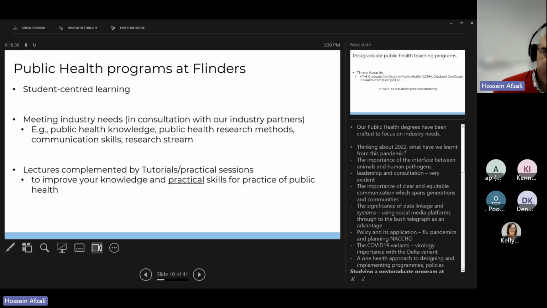Or for economic evaluation, we have a practical session. For the qualitative research methods topic, we have some tutorials and focus group discussions. So again, the aim is to improve your knowledge and practical skills. Focusing on practical skills is again one of the key features of our public health teaching program.